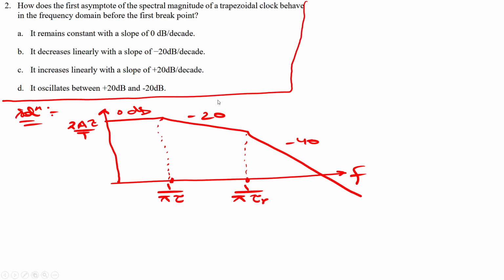Those who have joined just now, we are solving question number 2, which is how the first asymptote of the spectral magnitude of a trapezoidal clock behaves in the frequency domain before the first breakpoint. So here, this is the spectral bound for a trapezoidal clock or trapezoidal signal.